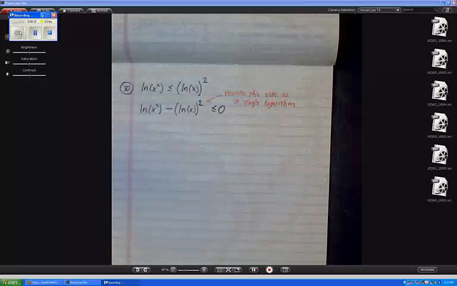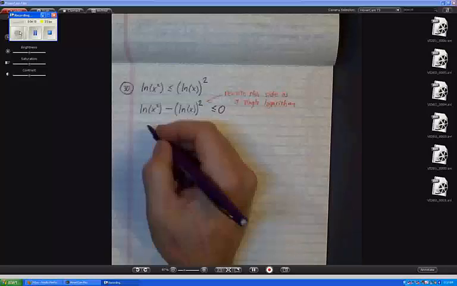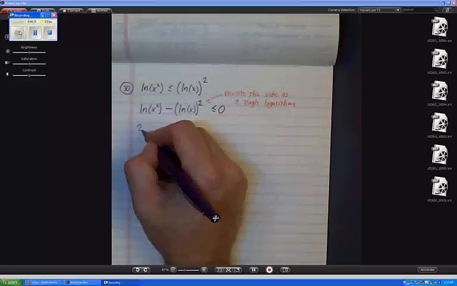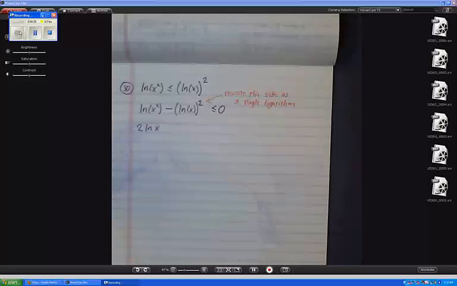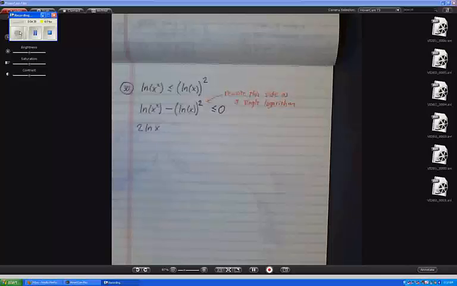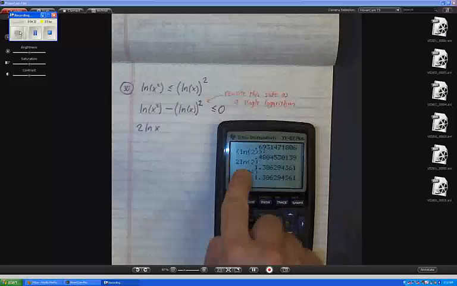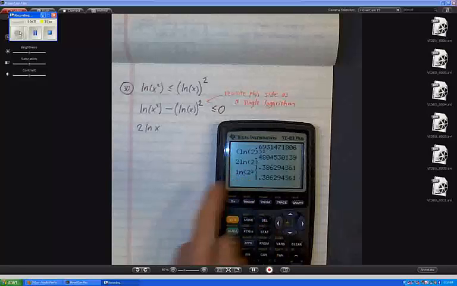So here's my hunch on what to do. We'll see how this works. I'm going to write 2 ln x right here. Does that seem okay to you guys? I just showed you that 2 times ln x is the same as ln of x squared. It's the most powerful log law. We okay?